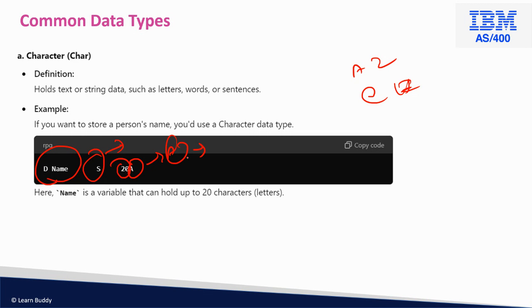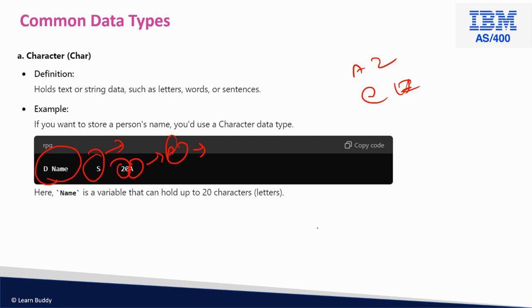If any variable has the data type A, that variable can hold character information, that is A to Z, the at sign, and any special symbols. It's not only the at sign; it can be any special symbol. You can also store numeric information in this data type, but that numeric value will be considered a character.